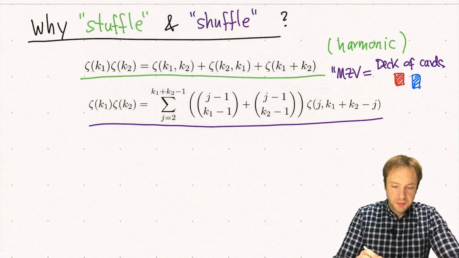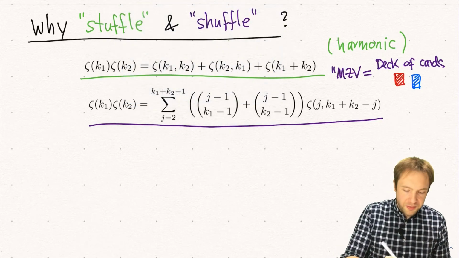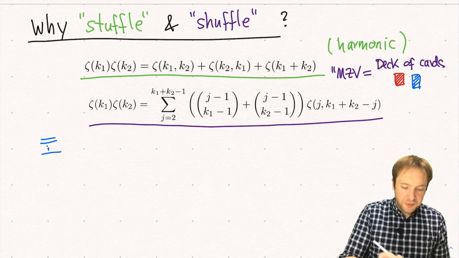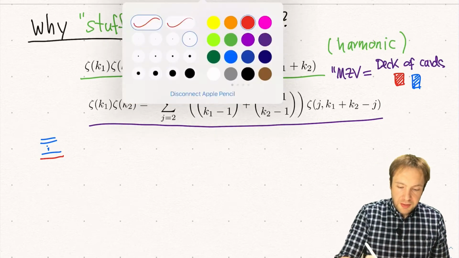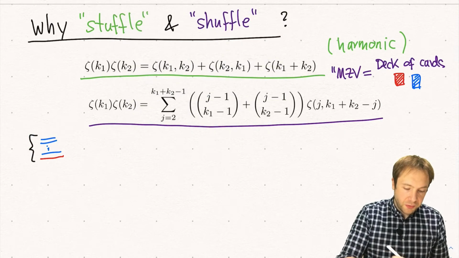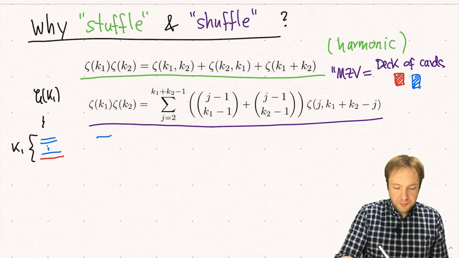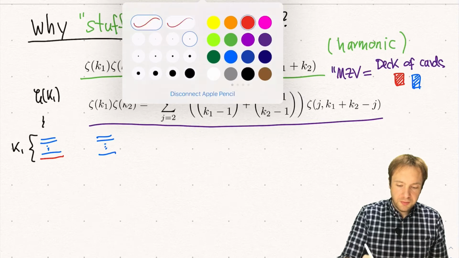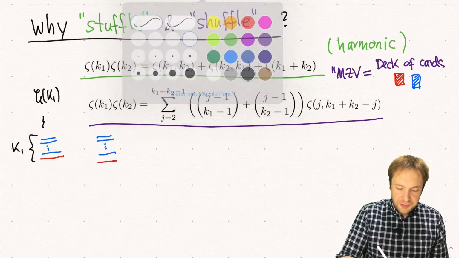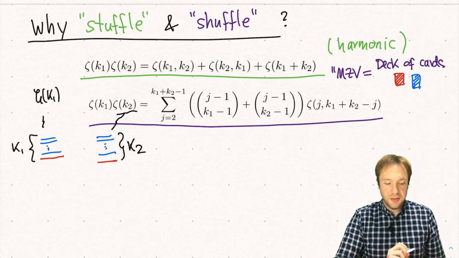If I have a deck of cards, by which I mean, for example, I have some blue cards, and on the bottom I have a red card, and if I have in total k1 cards, then this corresponds to zeta k1. And if I have k2 minus 1 blue cards and one red card, so here this is k2, then this should correspond to zeta k2.